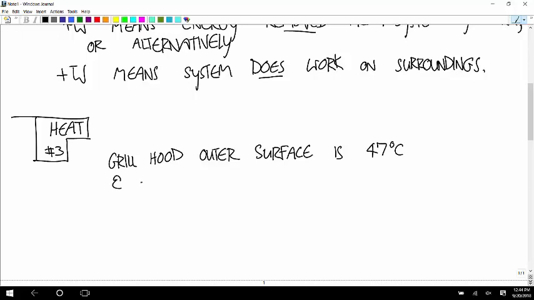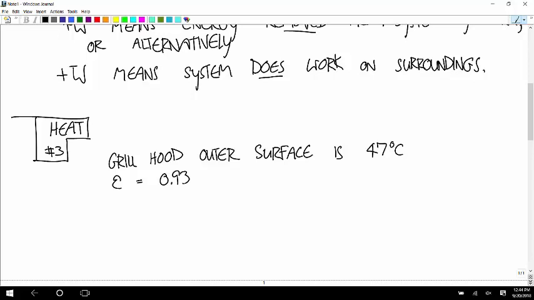And the emissivity is 0.93. So is it better described by a matte black surface or a shiny white surface? Closer to the black. The black is the 1 emissivity, the white is the 0.